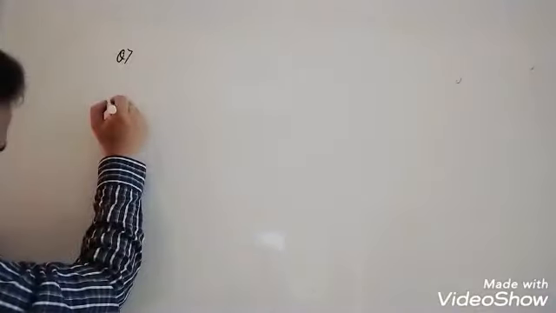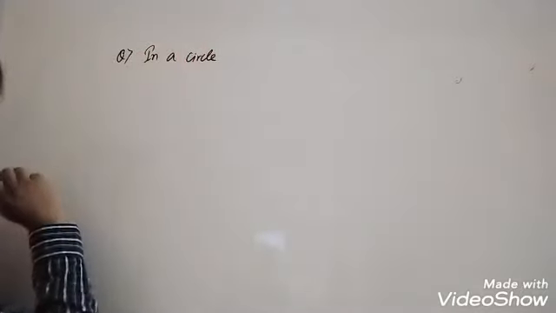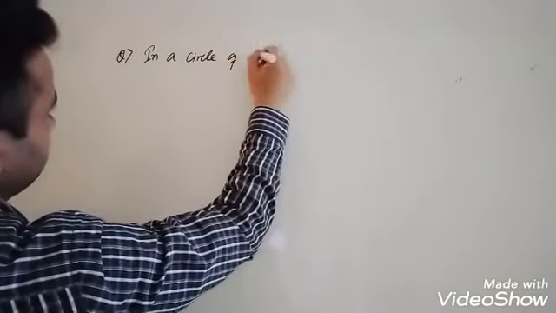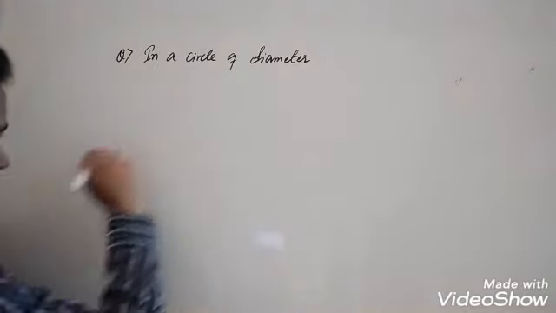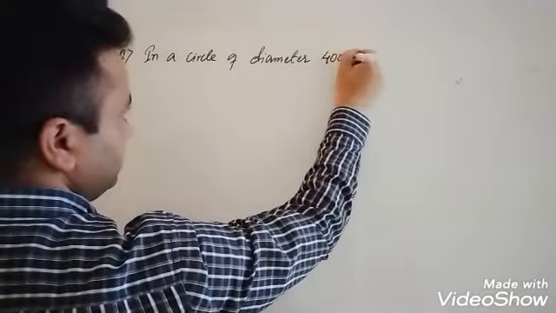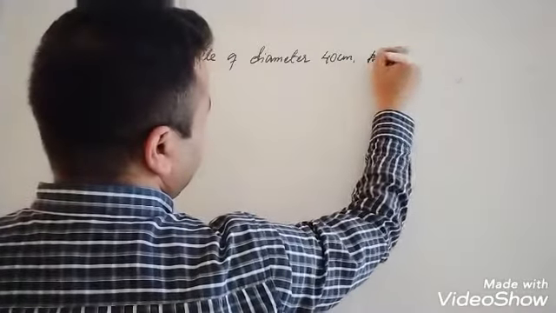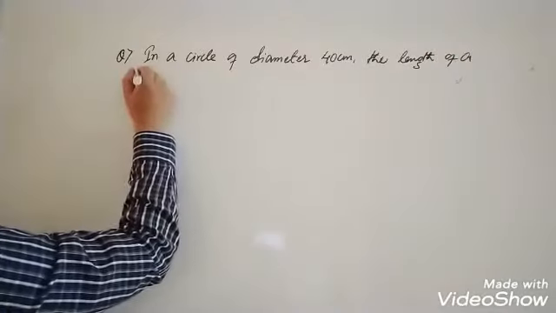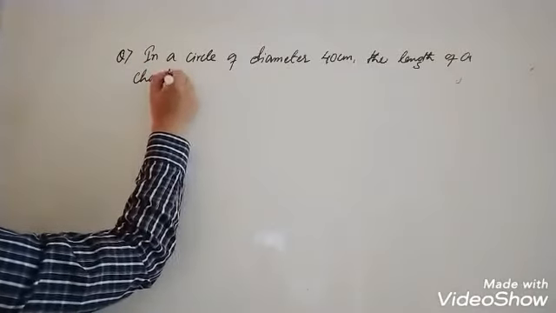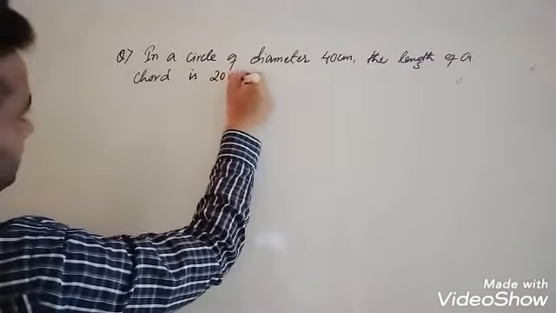Now the next question. In a circle of diameter 40 centimeter, the length of a chord is 20 centimeter.